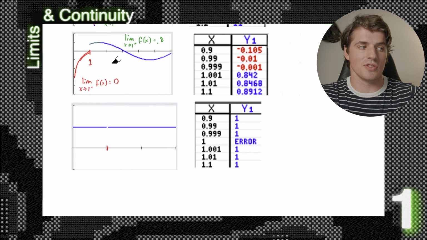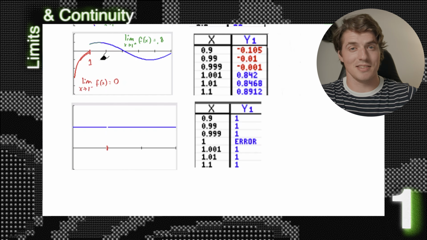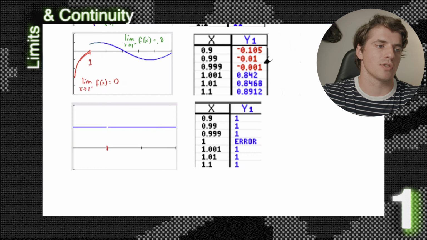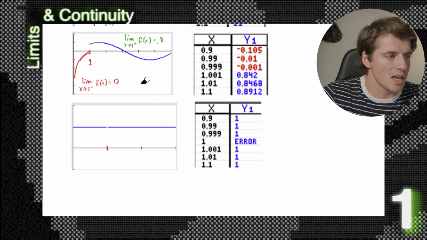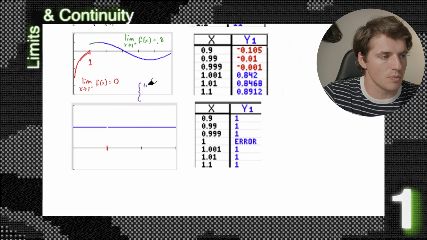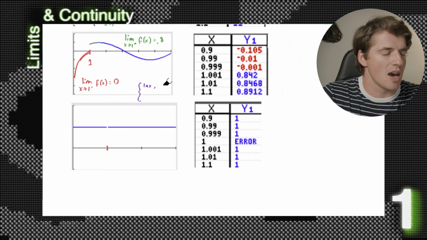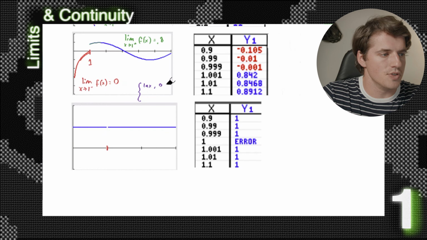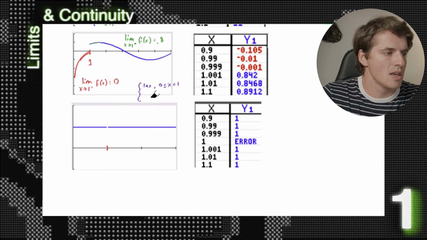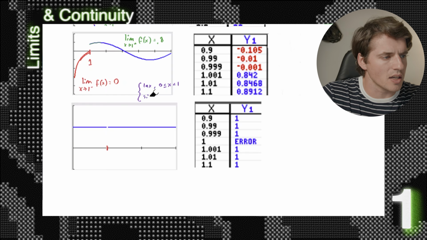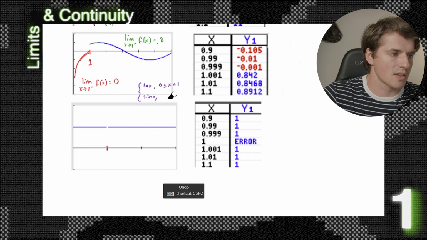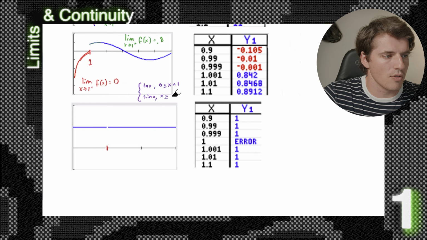Just so you know, this is pretty much the only time we're going to see something like this, where it's like a broken graph, is with piecewise functions. And I'll show you what that looks like. In this example, I believe it was ln x from 0, x is greater than or equal to 0 to x is less than 1. And I think this was sine of x for x greater than or equal to 1.